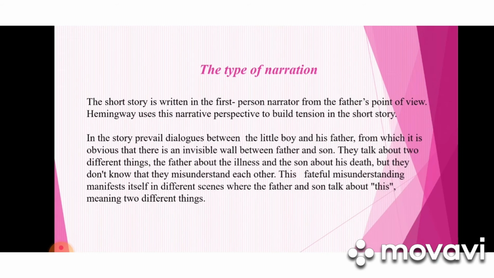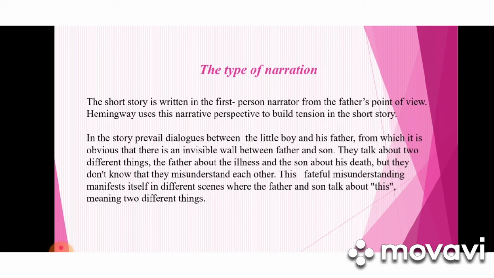The type of narration. The short story is written in the first-person narrator from the father's point of view. Hemingway uses this narrative perspective to build tension in the short story. In the story, dialogues between the little boy and his father prevail, from which it is obvious that there is an invisible wall between father and son.